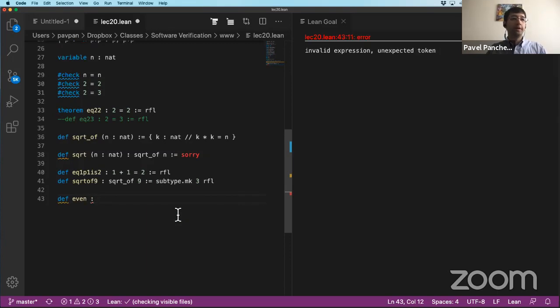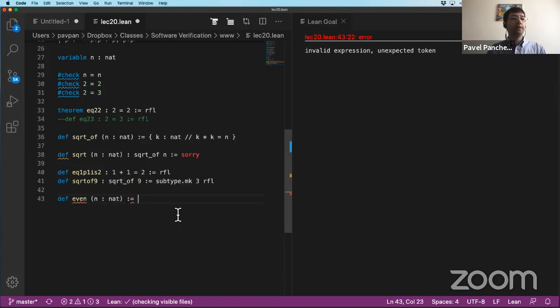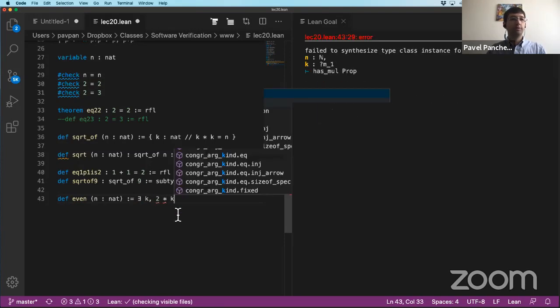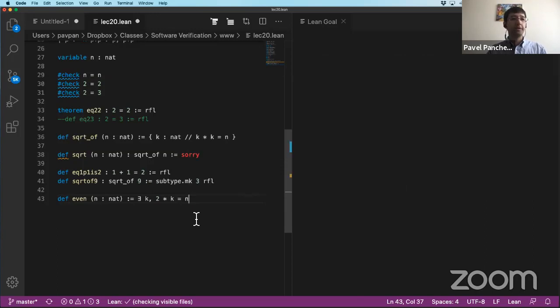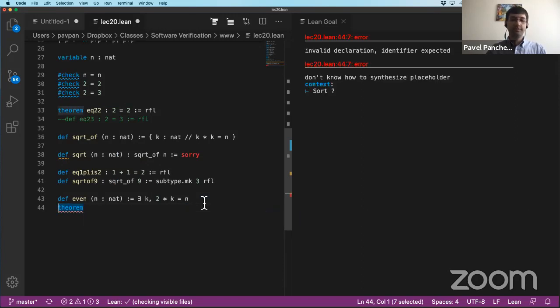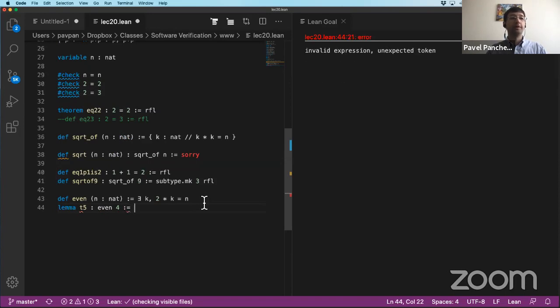One way to do that is to say that a natural number n is even when there exists a natural number k such that 2 times k is equal to n. This is a fine way to write down this definition, and I can write down theorems, or let's call these lemmas because they're not that interesting, like, for example, that 4 is even.